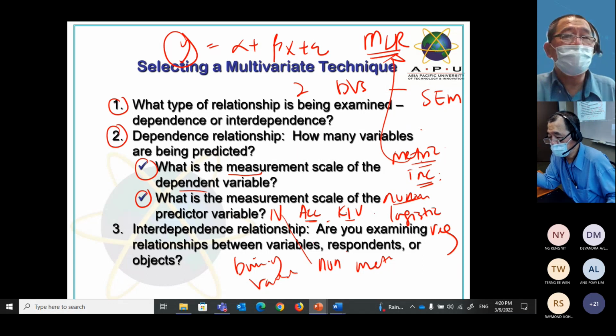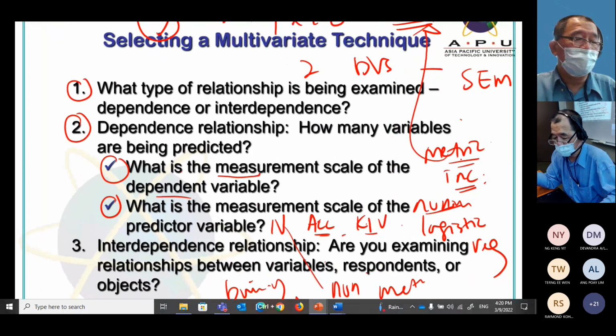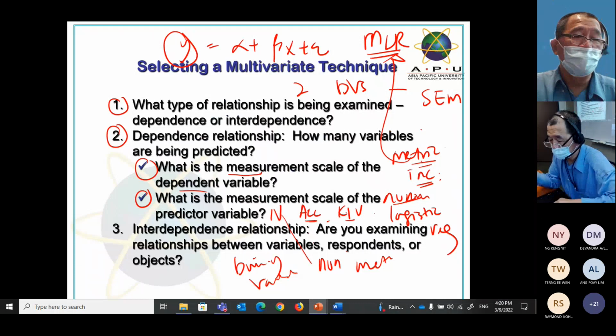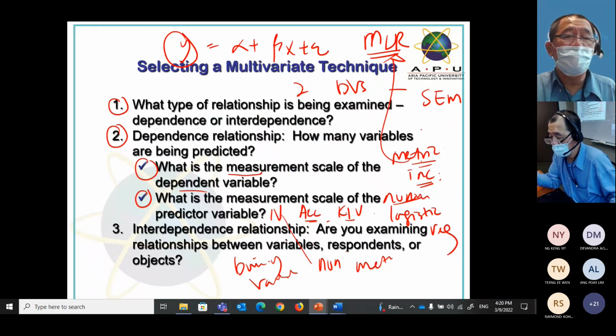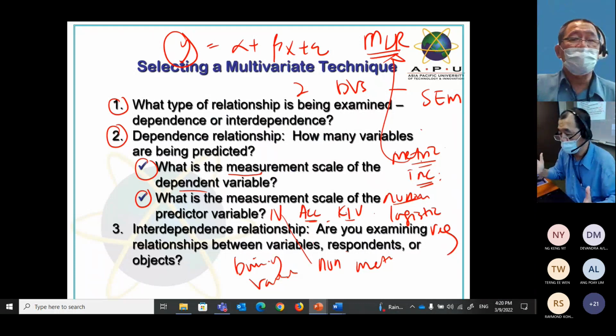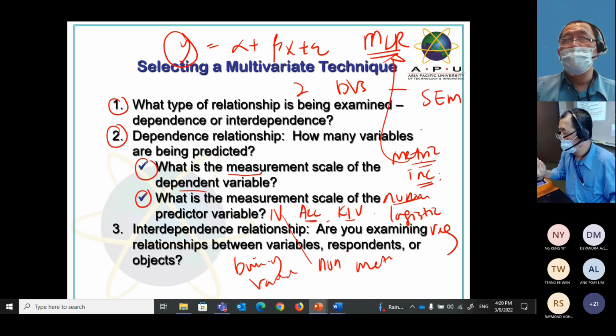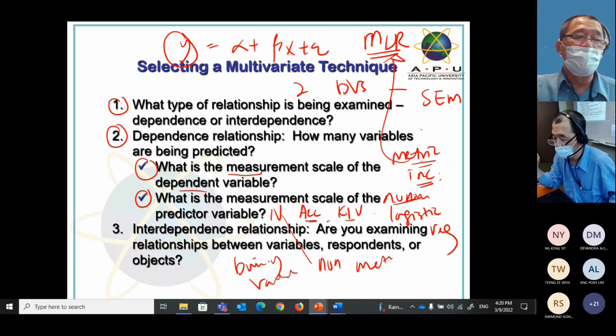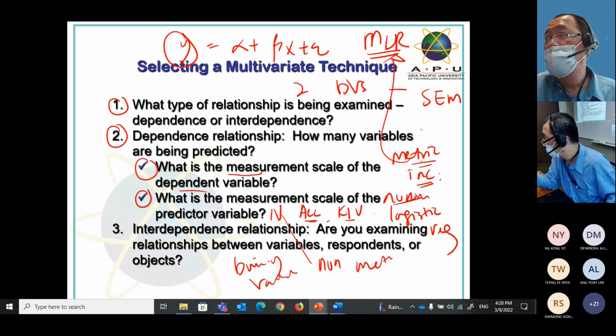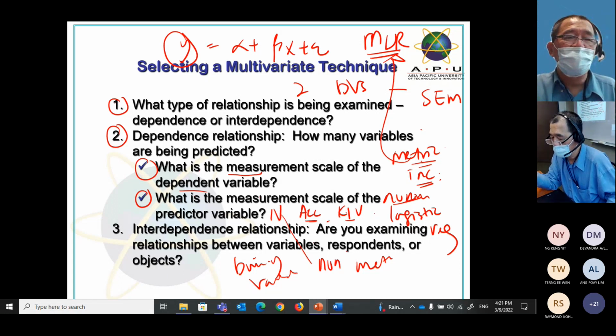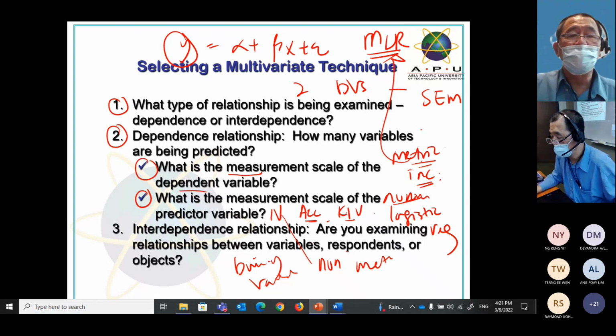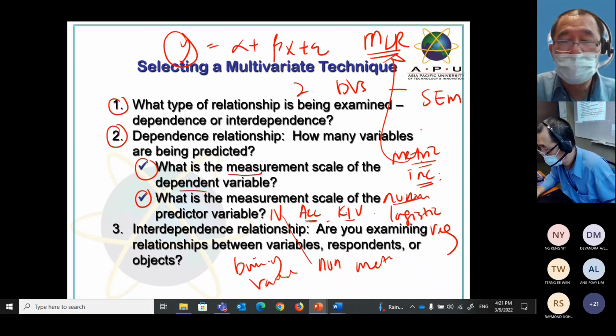Let's say the commitment of the respondent. You're focusing on the commitment or different group of category. Commitment is the variable, but respondent is the people. Which one is your focus? You will see this also.